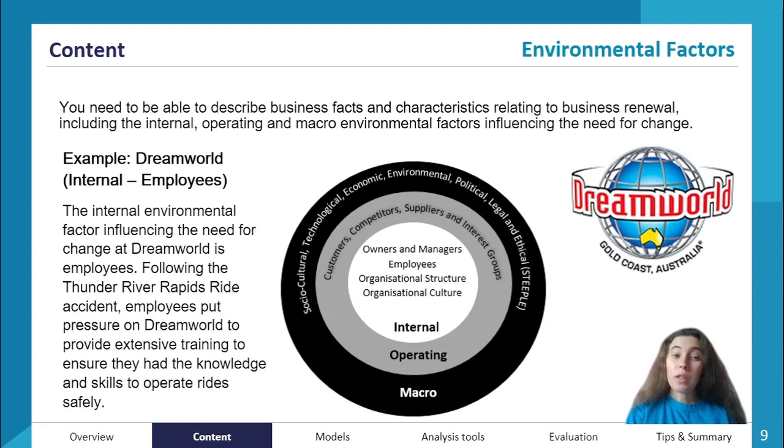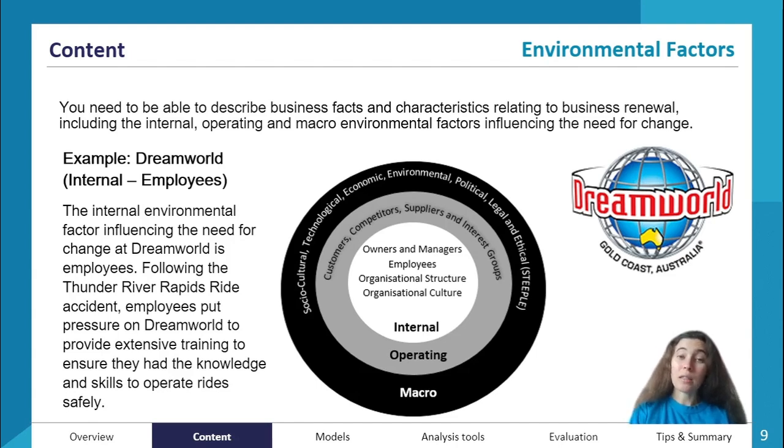So, as part of this unit, you need to be able to describe business facts and characteristics relating to business renewal. And that's going to include the internal, operating, and macro environmental factors that influence the need for change. So, we can see in this diagram here that we've got those three levels. The internal is encompassing our owners and managers, employees, organizational structure, and organizational culture.